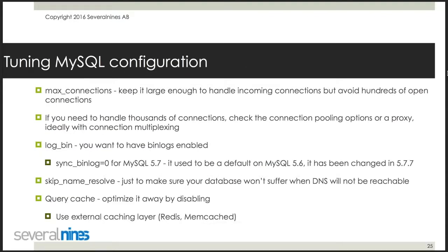Max connections, obviously, keep it large enough so you can accept the secondary connections. You want to avoid having hundreds of open connections because of all those per session buffers which are allocated. So if you have to handle thousands of connections, then you may want to look into the options for connection pooling. That's available for Percona Server. I believe it is also available for MariaDB.